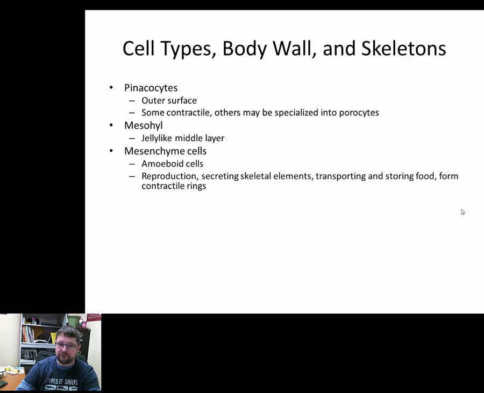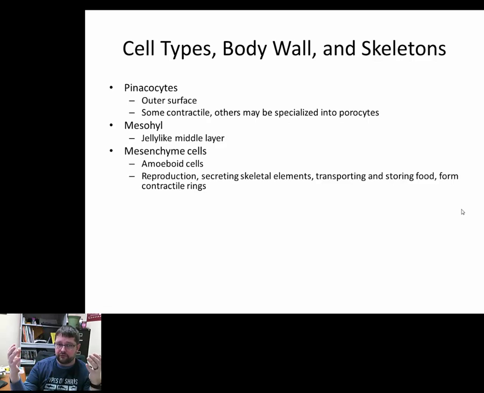The mesenchyme cells, these are amoeboid cells. So they're similar to amoeba-like protista. They're important in things like phagocytizing material, making food vacuoles, things like that. Reproduction.